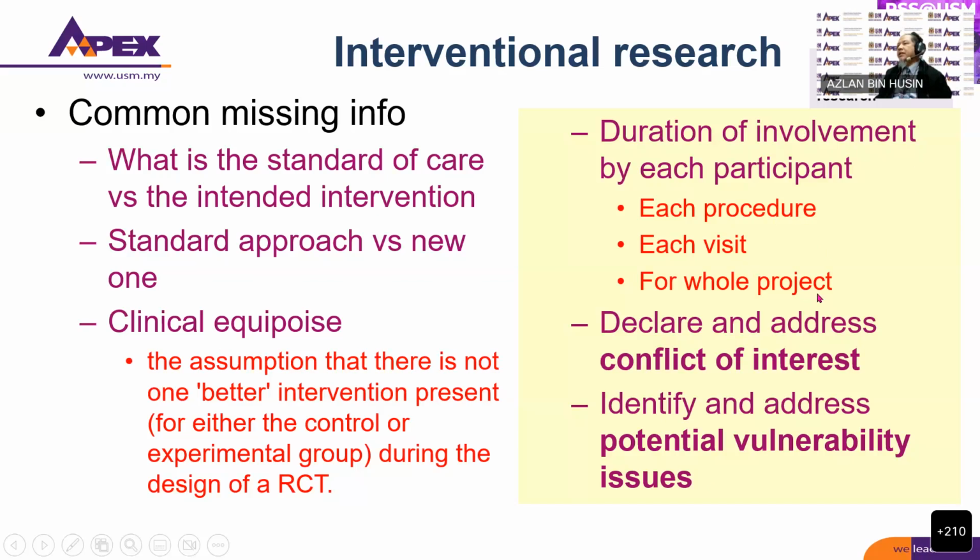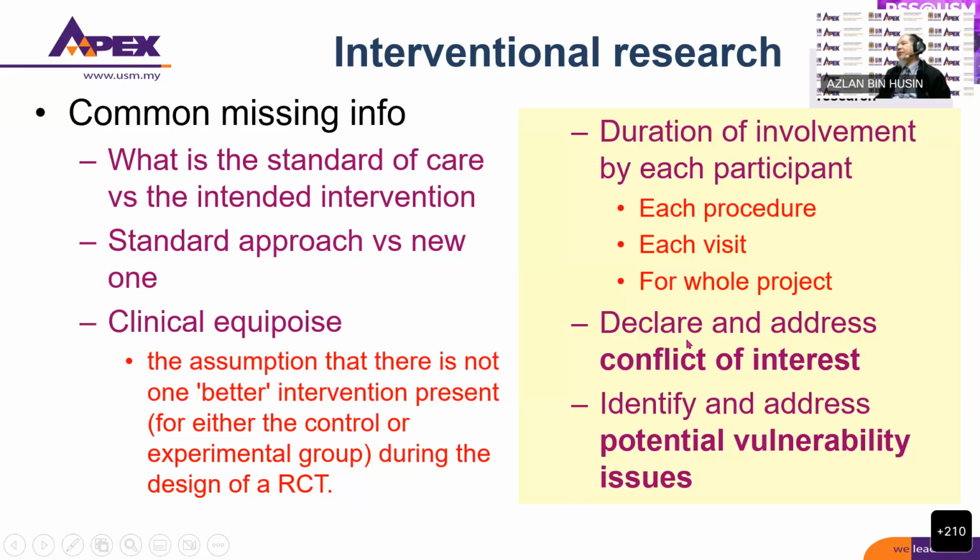Another common missing point in interventional research, also true for non-interventional, is the duration of involvement. If there is active participation of the human subject, then you have to explain how long it takes for each procedure, each visit, and the whole project. Maybe 1 year. In that 1 year, maybe 3 visits, and each visit they have to spend 2 hours.